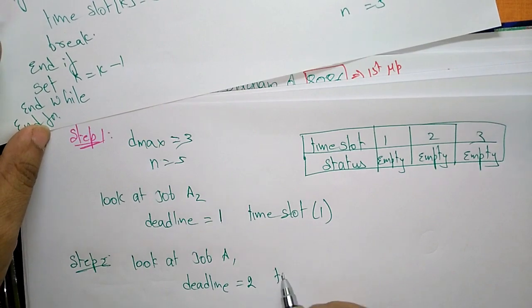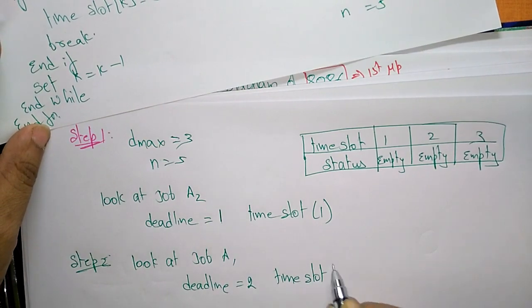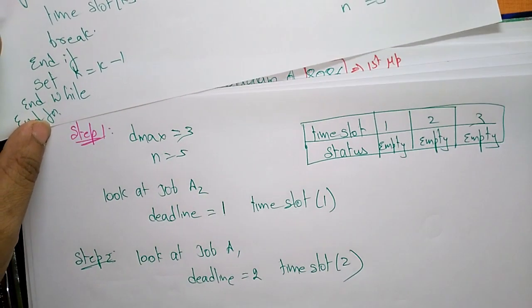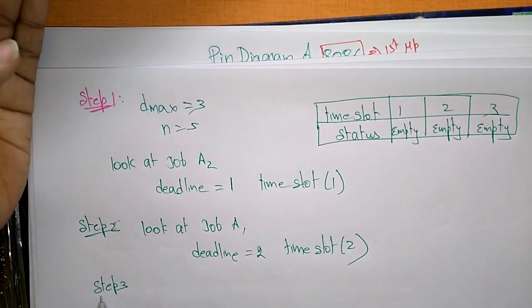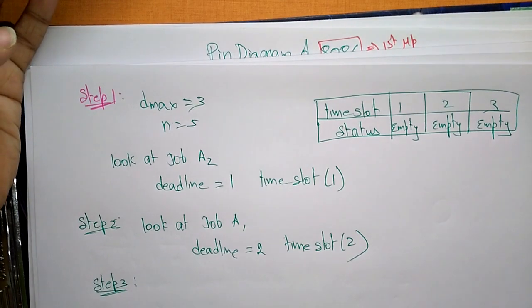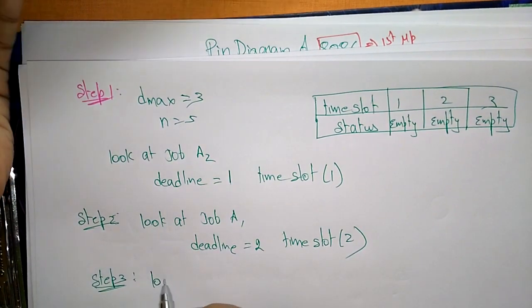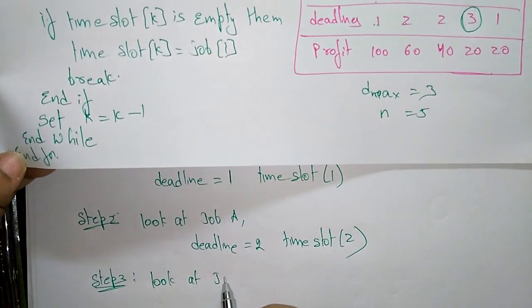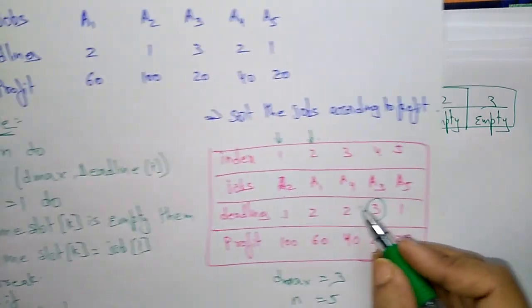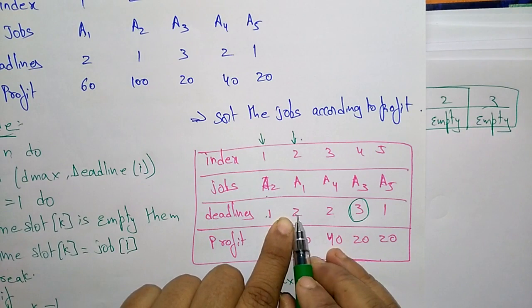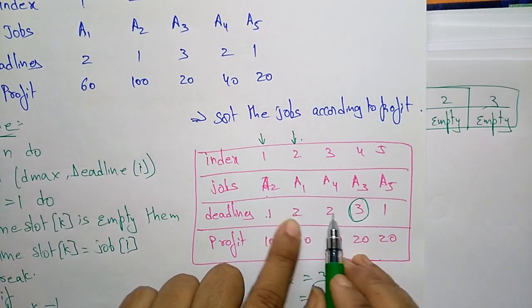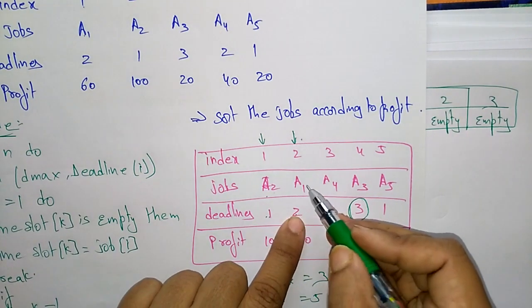So we have to complete it within time slot 2, on or before 2. Next, step 3. Look at the next job, which also has deadline 2. So you can also complete A4. Either you can select A1 or A4 because both have the same deadline.